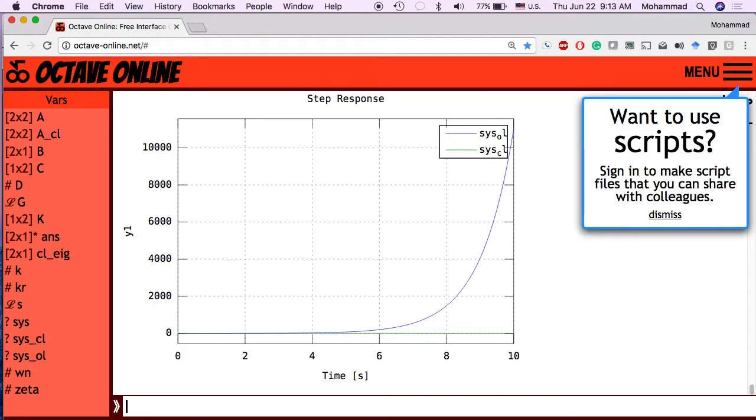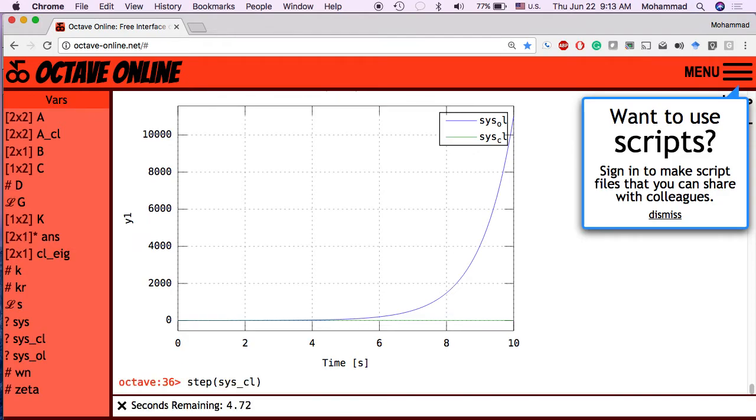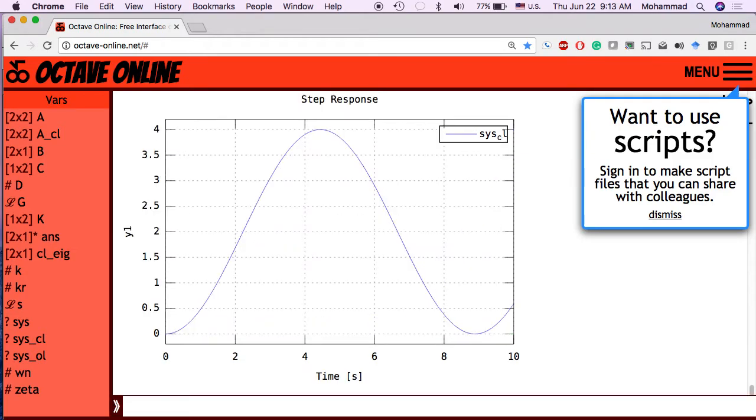So it's very difficult for us to see what the open loop system does. I just wanted you to compare them. Next we are going to look at the step response of closed loop only, so it's easier to appreciate. And of course it oscillates, because the closed loop system has a pair of purely imaginary poles.